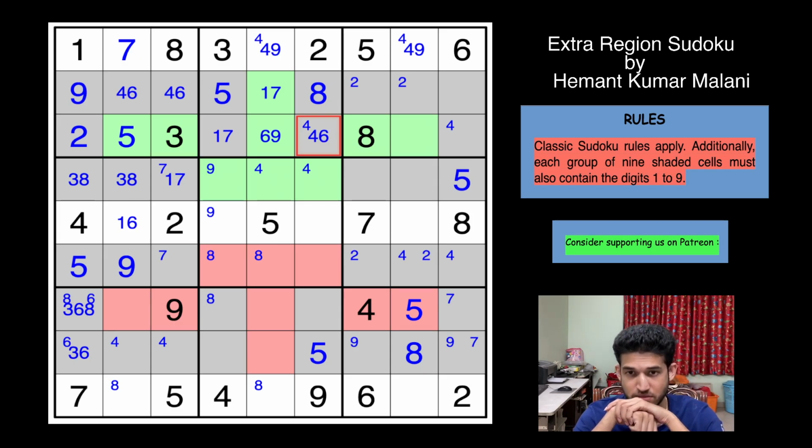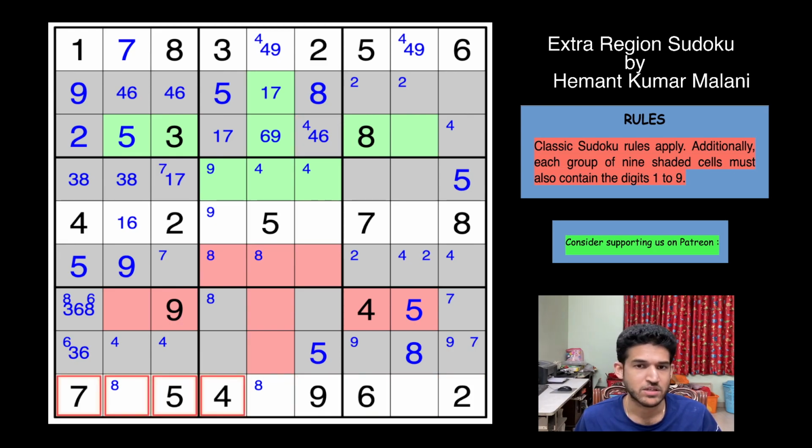What do I do next? Let me take a look at maybe row 9. I have 2 6 9 4 5 7, so I need 1 3 and 8. This is not 8, so this is 1 and 3, this is 1 3 8, and this is 1 3 8.